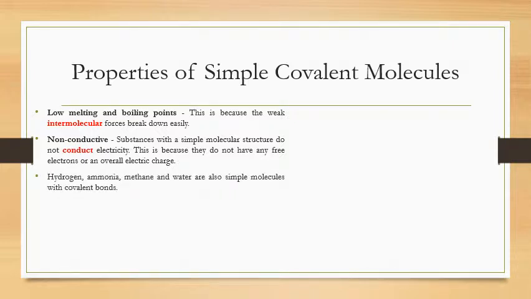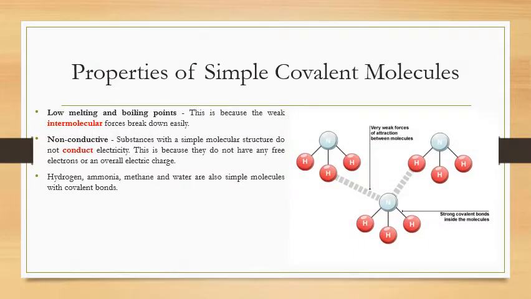Hydrogen, ammonia, methane, and water are also simple molecules with covalent bonds. So hydrogen, ammonia, methane, and water do not conduct electricity, and they have reasonably low melting points and boiling points. And that's just an animation illustrating what intermolecular forces are.